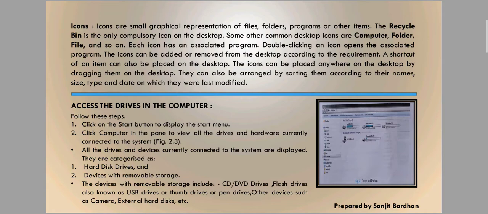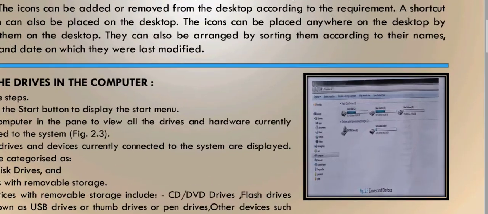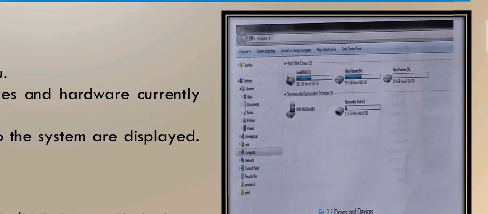All the drives and devices currently connected to the system are displayed. There are categories such as hard disk drives, CD drive, or devices with removable storage, etc. Now you can see the picture here. When we click on Computer, this type of window will appear on your screen. This is how we can access the drives on our computer.